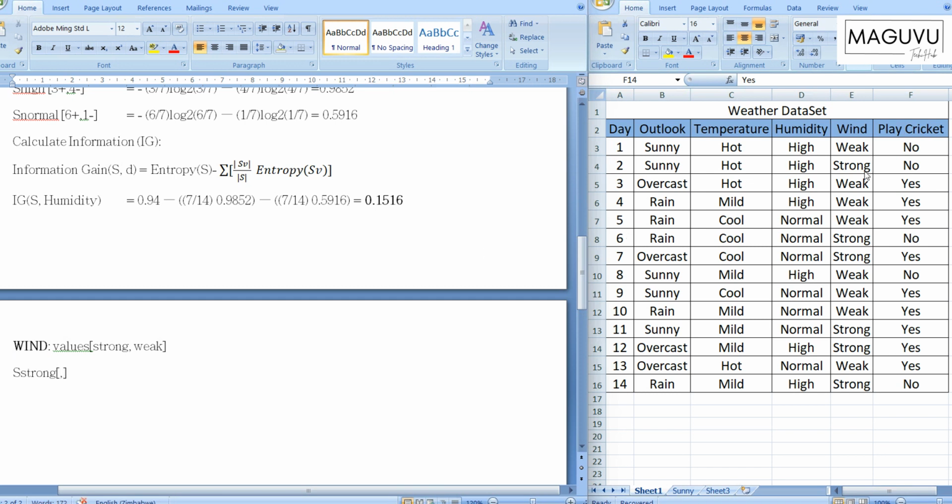You see that if we count the number of days, 3, 4, 5, and 6, we've got 6 days where we have strong, and then we want to consider the outcome of playing cricket or not playing cricket, and the proportion of that gives us 3 positive, and 3 days in which we did not play, giving a total of 6.